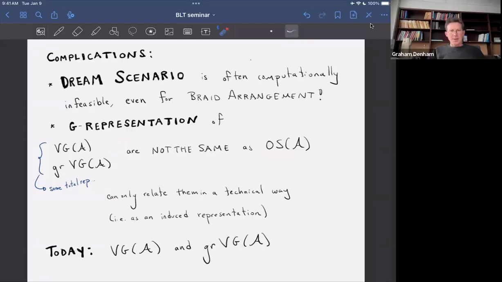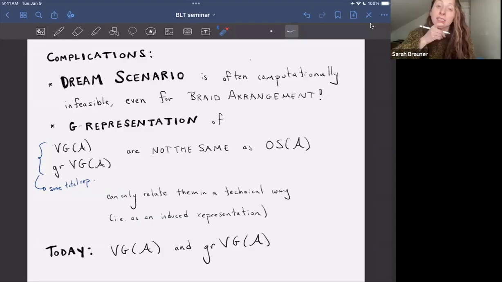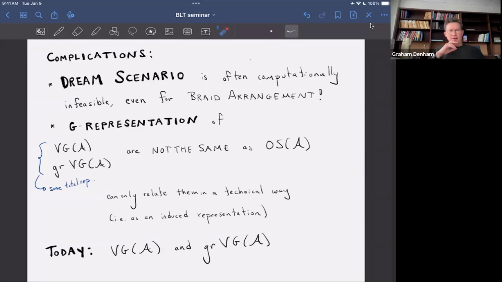Just a question, Sarah. Yeah. So I guess it's all about the grading, right? If you forget the grading, then you just permute the chambers and you get the regular representation. So that's then not true for the Orlik-Solomon algebra. No, for the Varchenko-Gelfand. But then it's still totally mysterious where the isotypic components, in what degree they would live in this associated graded.